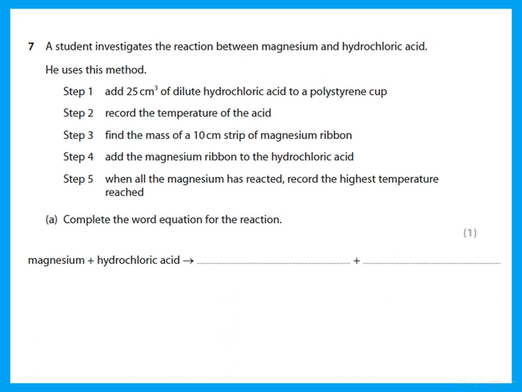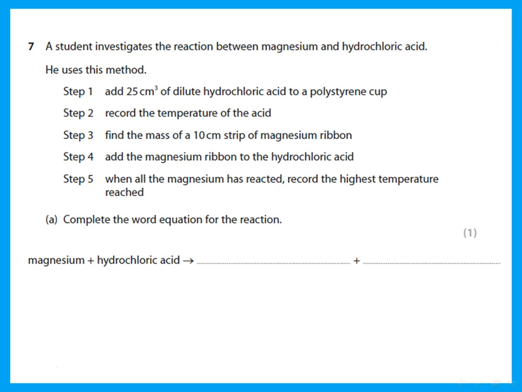The next question says a student investigates the reaction between magnesium and hydrochloric acid. He uses this method, so he says add 25 centimeter cubed of hydrochloric acid to a polystyrene cup, record the temperature, find the mass of a 10 centimeter strip of magnesium ribbon, add the magnesium ribbon to the acid.